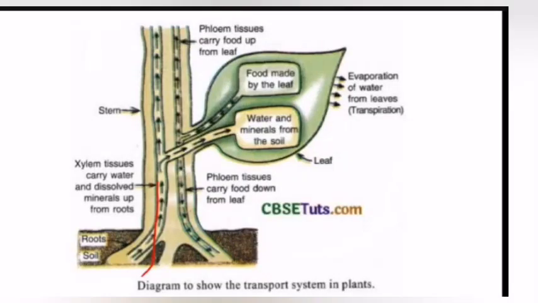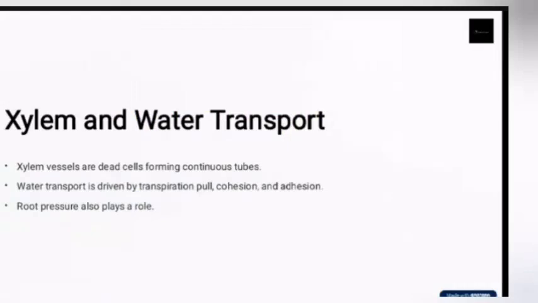Now there's a third one called root pressure. Water moves in via osmosis in the roots. As water moves in, it creates a pressure, a kind of force that tends to push everything there up. These four processes help transport water from the roots to the leaves.